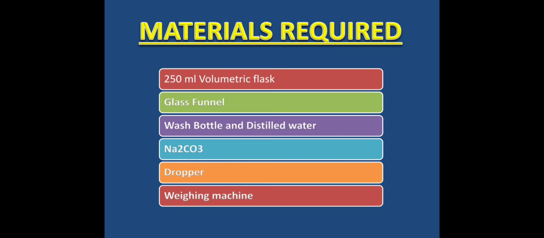We also need the wash bottle, the anhydrous sodium carbonate Na2CO3, and for final volume makeup, a dropper or pipette, and a device by which we can measure the accurate amount of the salt, that is a digital weighing machine. Now this experiment I am going to demonstrate. You just follow it.